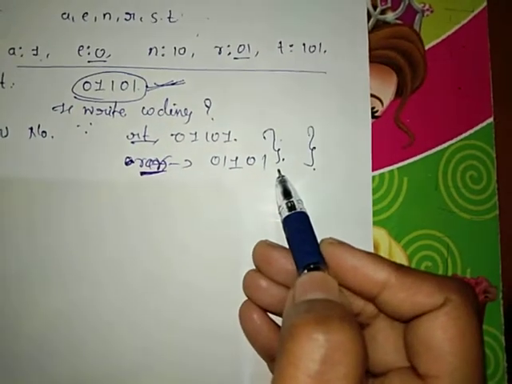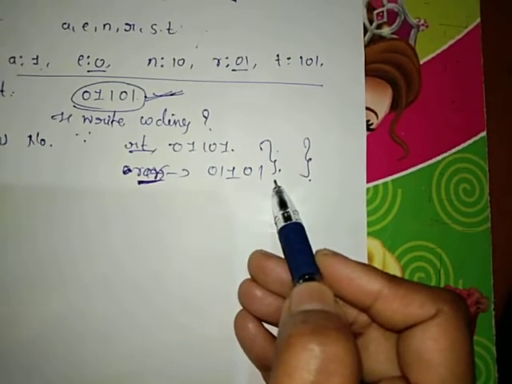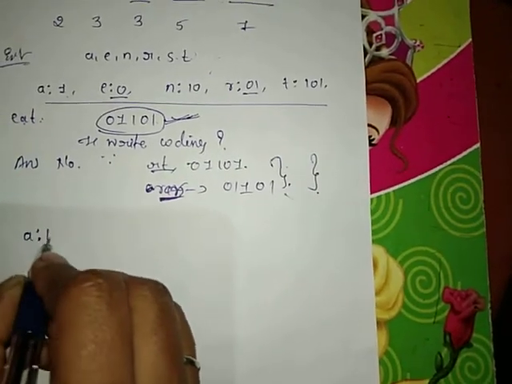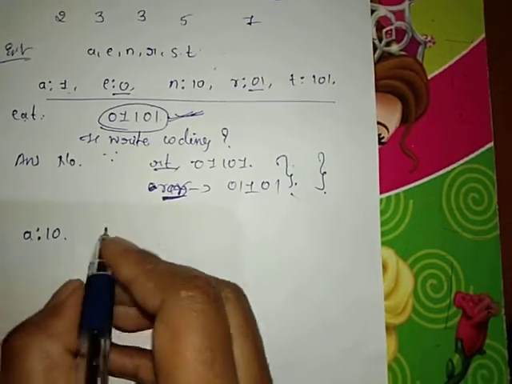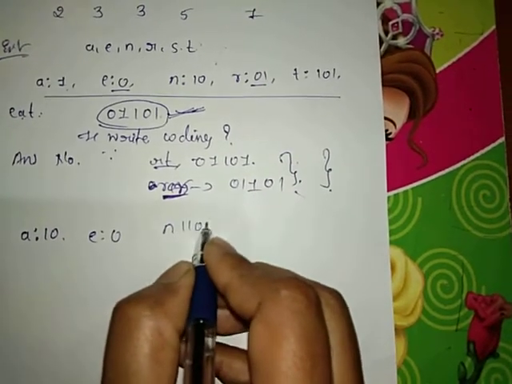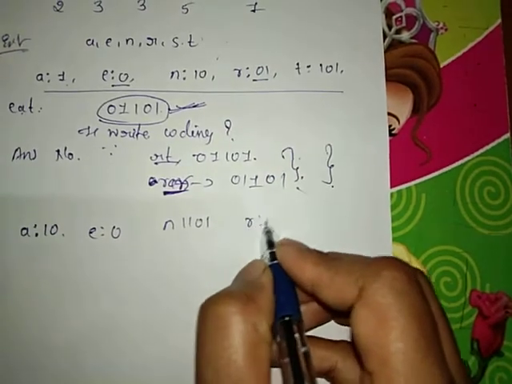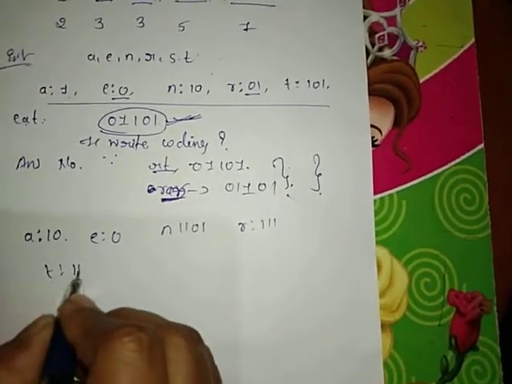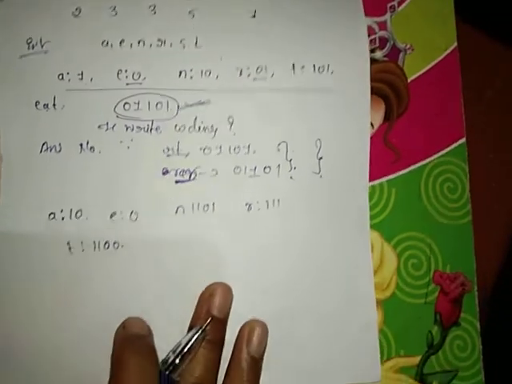So we alternatively use another coding scheme. Suppose we take A as 10, E as 0, N as 1101, R as 111, and T as 1100.